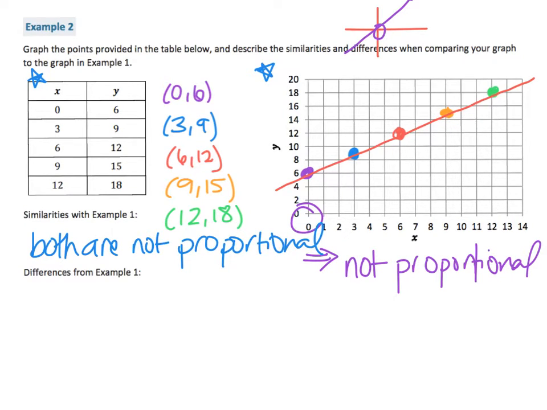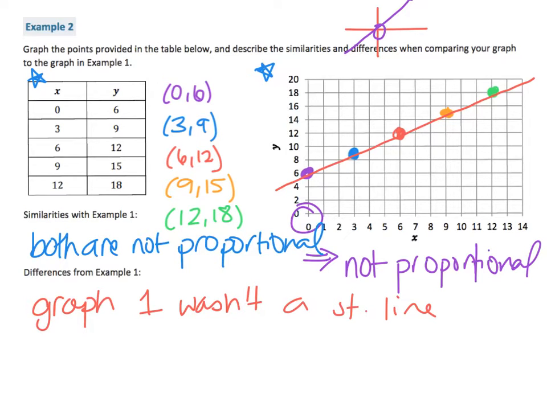Well, remember, graph 1 wasn't a straight line, and graph 2 was. And another similarity is neither go through the origin. So even if you have a straight line, it doesn't necessarily mean it's going to be proportional.